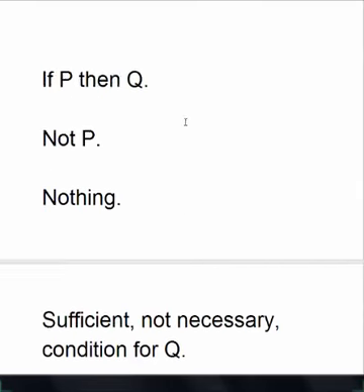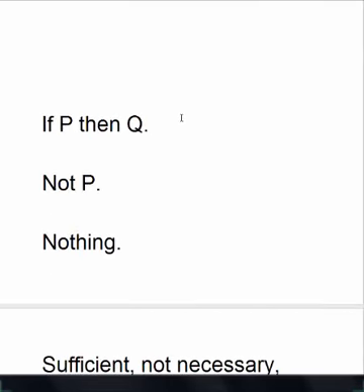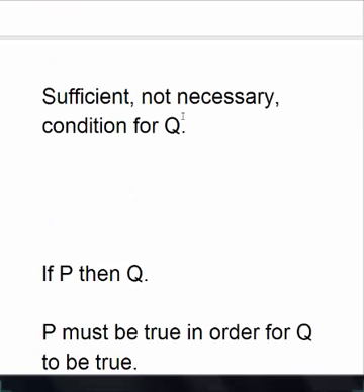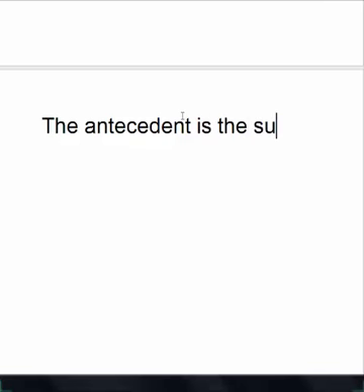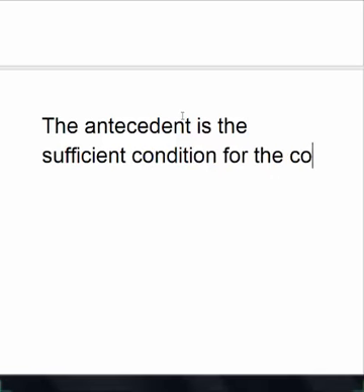Okay. So the basic idea here is that in a conditional, the antecedent, and you get used to that, right? Can't spell it, but I can say it. The antecedent is the sufficient condition for the consequent.